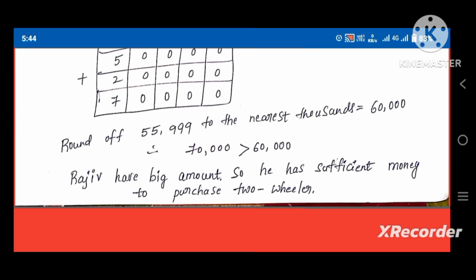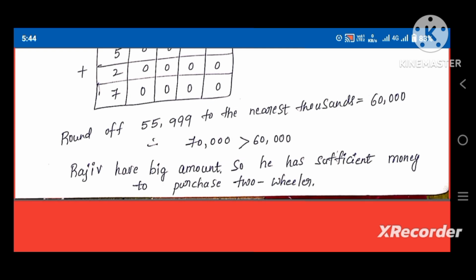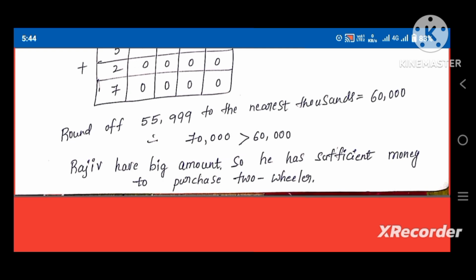So Raju has a bigger amount, so he has sufficient money to purchase a two-wheeler.